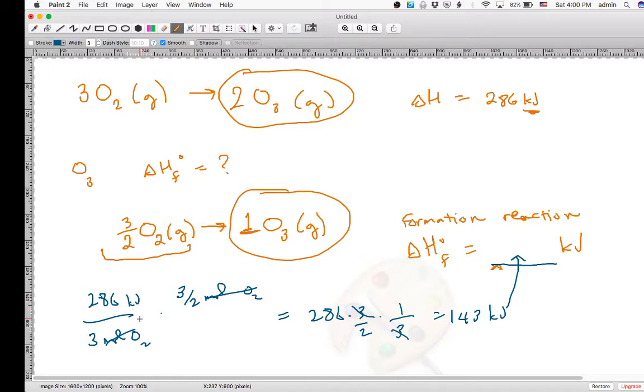Now, what's special about this problem is the formation reaction. You just need to understand that the meaning of a formation reaction is a chemical reaction where you make 1 mole of the product that you're interested in, and you make it from the individual elements that are in this product in their standard states, meaning the way you find them under normal conditions in nature.